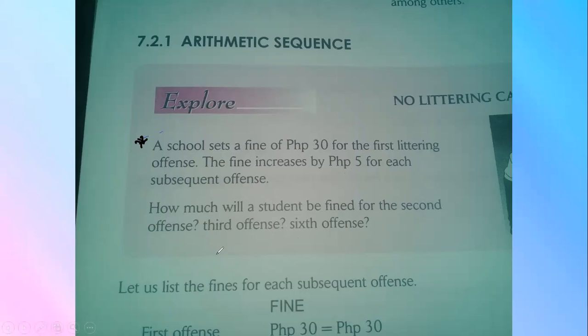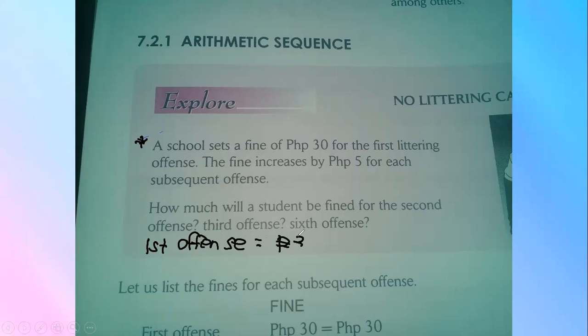So let's list the fines for each subsequent offense. So isa-isahin natin. So kung first offense siya, meron kang first offense. So although nakalagay na diyan, i-rewrite na lang natin.